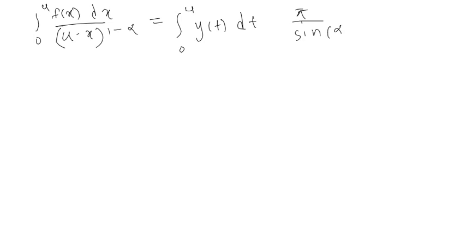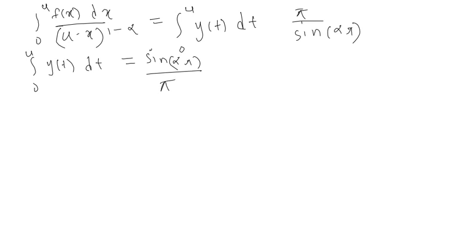And pi divided by sine alpha pi are the constant terms, so I will take them to the other side and rearrange the equation. I will get integral from 0 to u y of t dt equal to sine of alpha pi divided by pi into integral from 0 to u f of x dx divided by (u minus x) raised to 1 minus alpha.